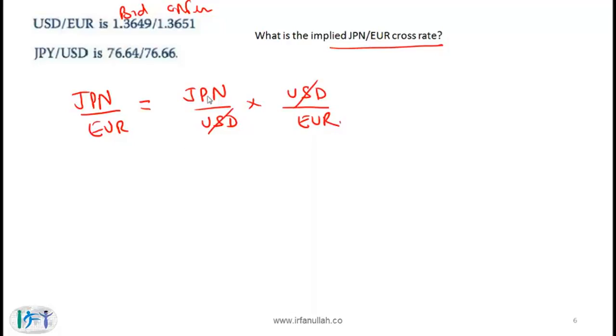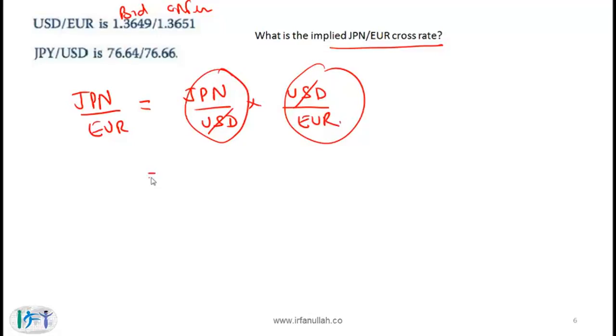So effectively, you are left with Japanese yen divided by euro, which is what we were looking for anyway. The implied Japanese yen euro cross rate is simply the product of these two exchange rates. But we have to find both the bid and the ask.